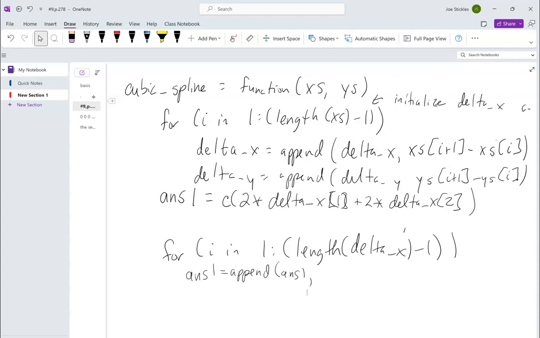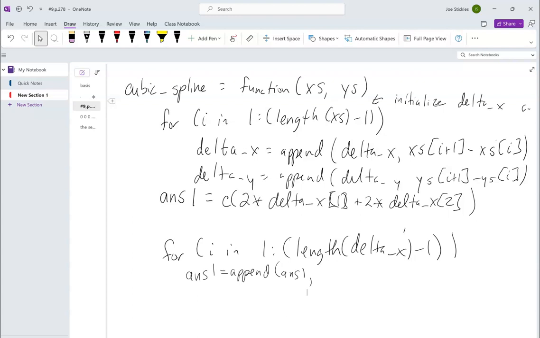And then a 2 delta 2 plus 2 delta 3, right? Yeah? Okay. So for my for loop, depending on where you want to think about starting it, I just need to be careful with where my indices go, right? And I want to make sure my indices are correct.